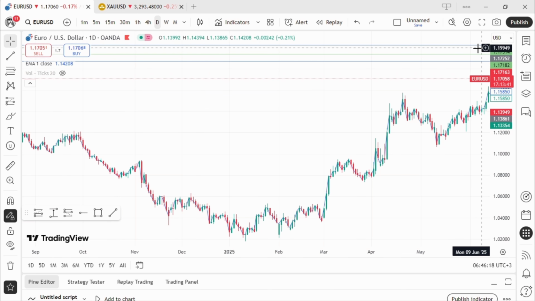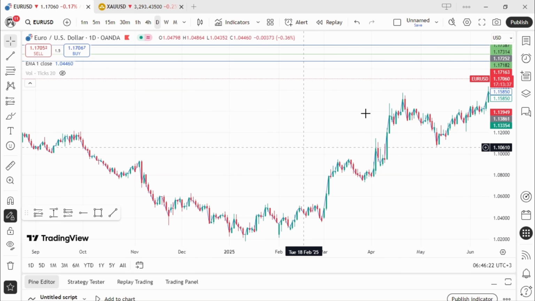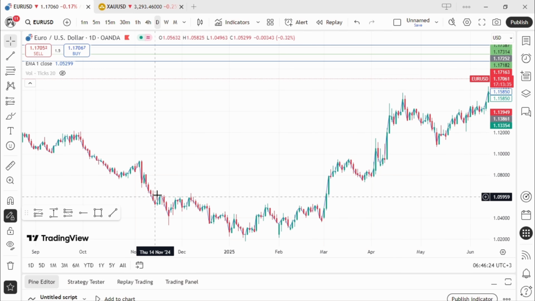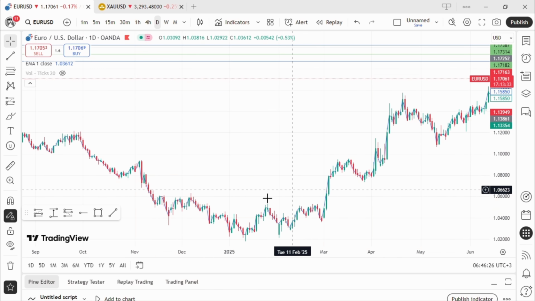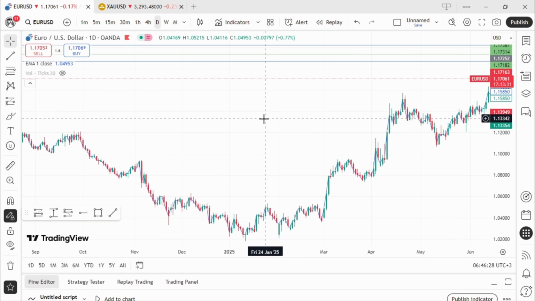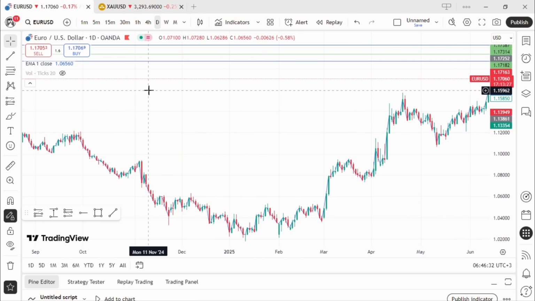Of course, you can sign up to these other brokers and connect to it, but I prefer using it for analysis. And the beauty about it is that TradingView has a lot of tools.